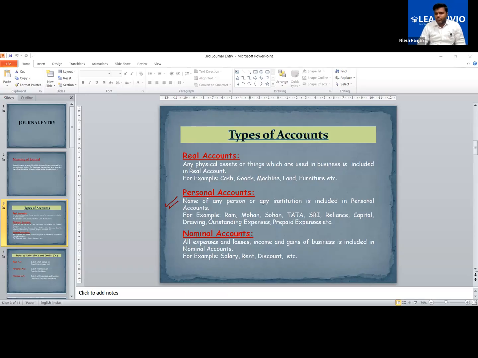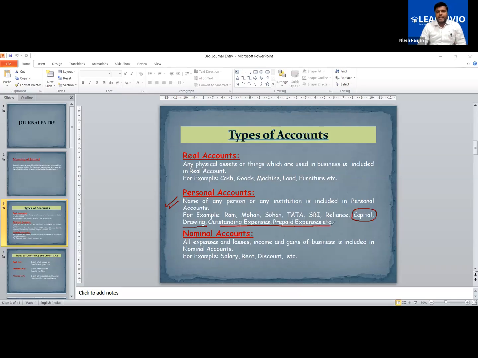So there are some names of persons, and there are some organization names like Tata, SBI, Reliance. Capital, drawing, this is not a name, but it is used for the owner's name. We cannot write the owner's name. That's why we have to write capital or drawing or outstanding expenses, then prepaid expenses. These are called representative personal accounts, but you just have to remember that these are personal accounts. Okay. So is this clear?